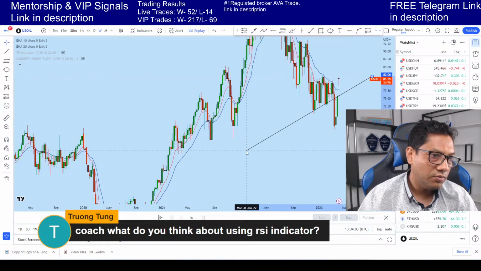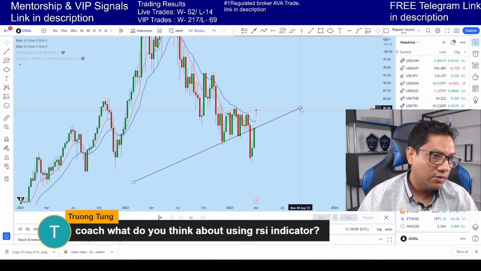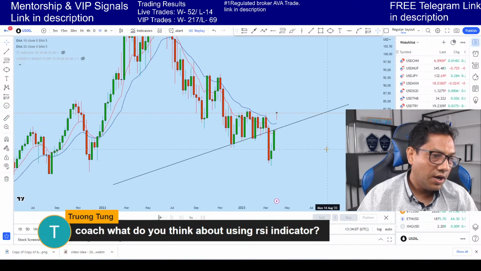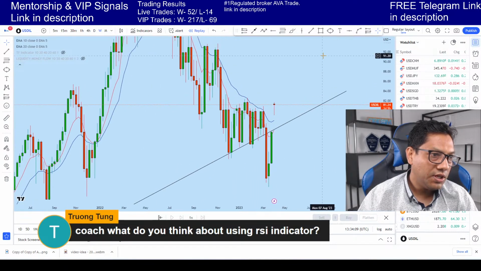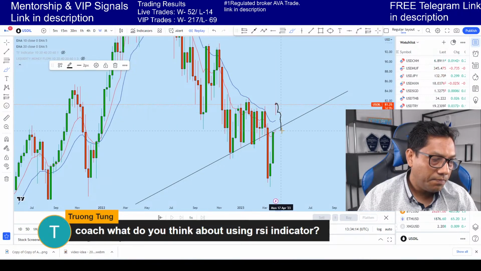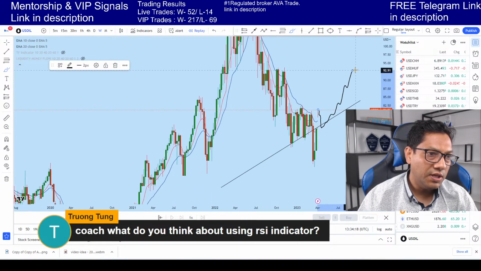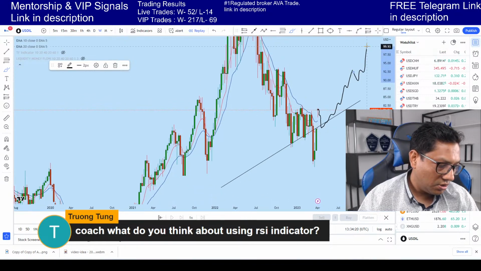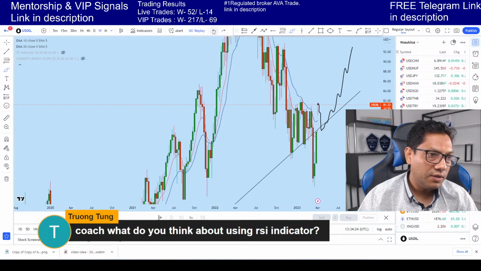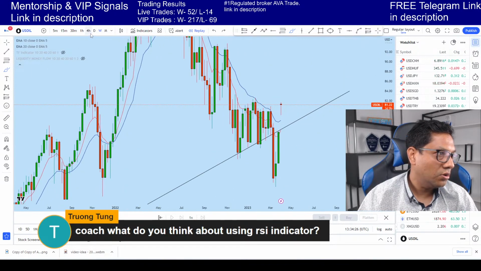Let's draw this way, covering all the candles. I think we could see a pullback to fill that gap, to this level, and from here we will see US oil changing its downtrend to an uptrend. This is what I think US oil is going to do.